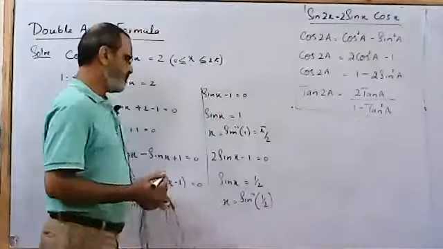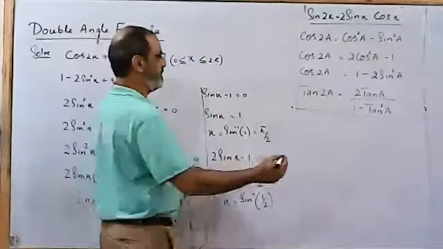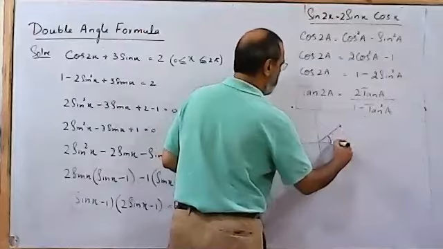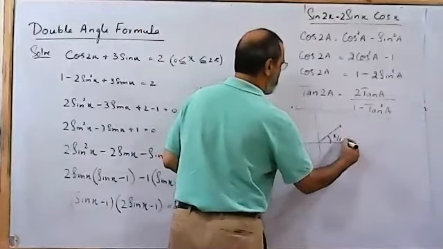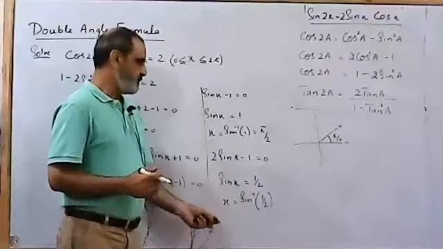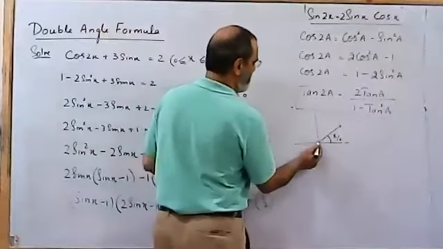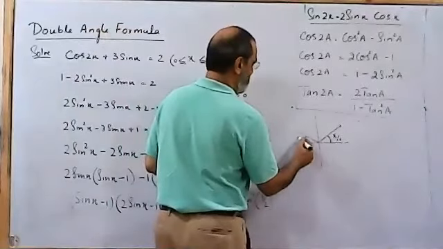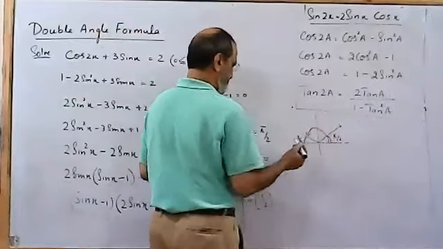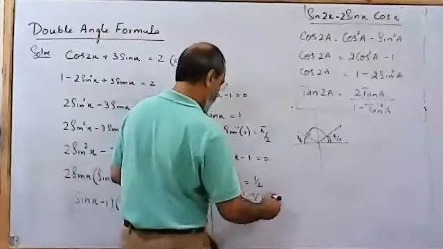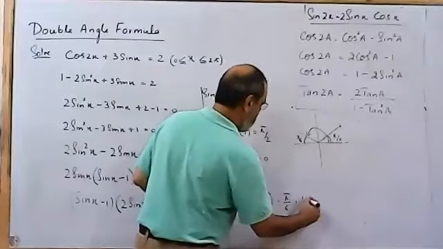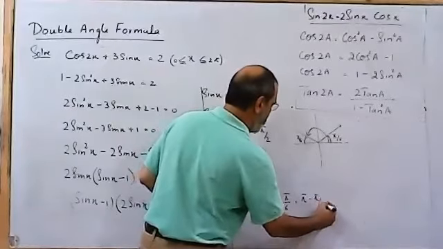Sine inverse of 1 by 2 gives you 30 degree or pi by 6. So the base angle is pi by 6 and sine is positive, so it has a second value in the second quadrant. I need to give this answer. So I have x is equal to pi by 6 and pi minus pi by 6.